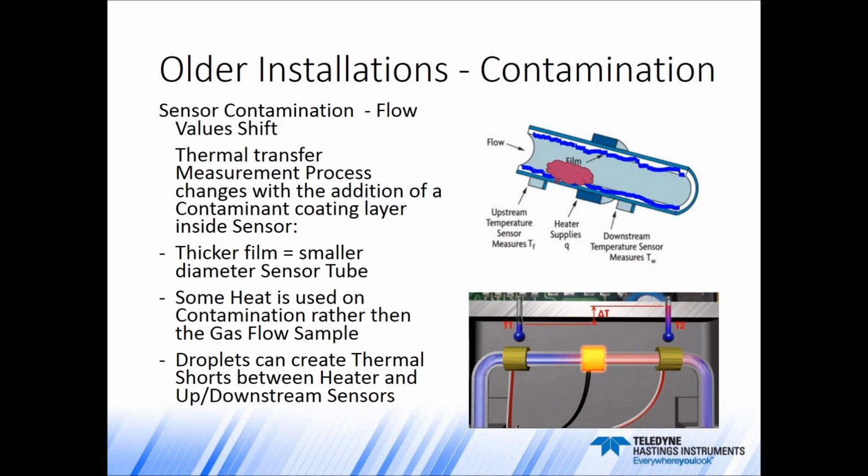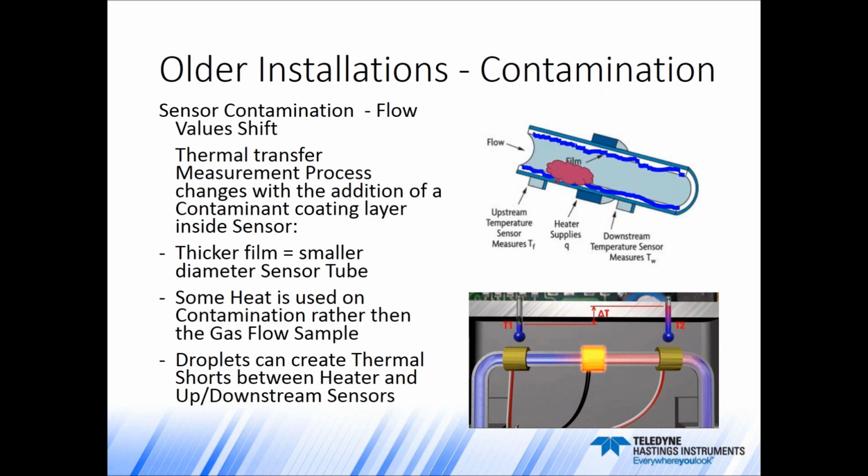The mass flow is going through the sample tubing of the sensor. Imagine now that this sensor, in the Teledyne Hastings type of design, is somewhere in the range of 14 thousandths of an inch in diameter to a maximum of 26 thousandths of an inch in diameter. But there are MFCs out there from different manufacturers that are outfitted with sensors that go as low as 8 or 9 thousandths of an inch for the diameter of the sensor tube.